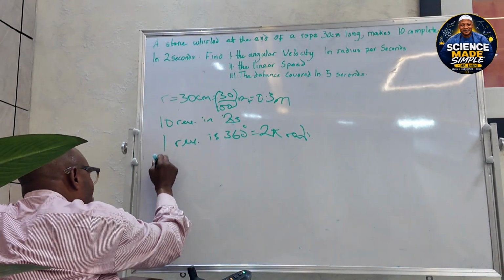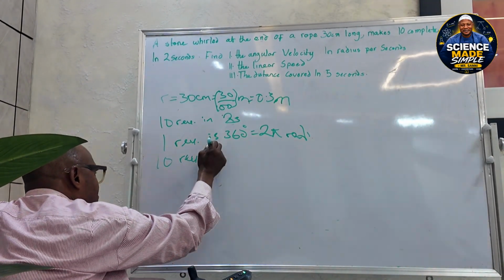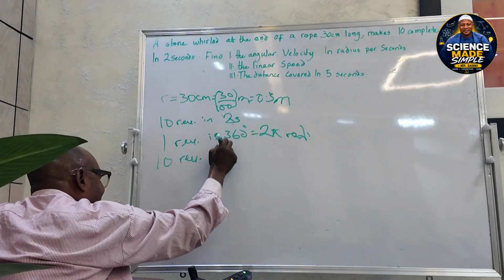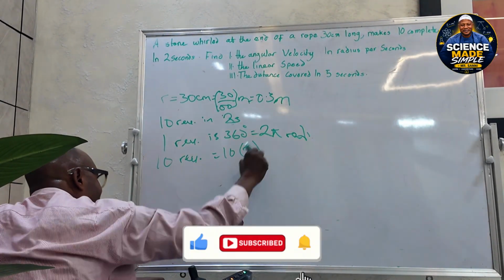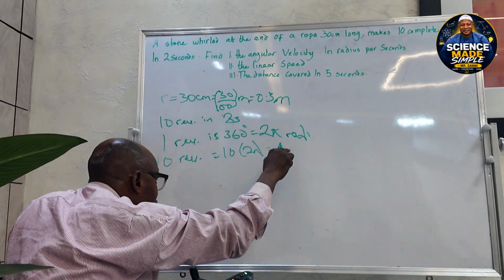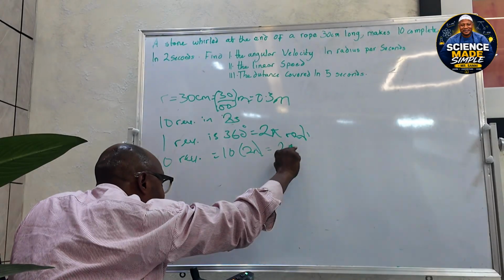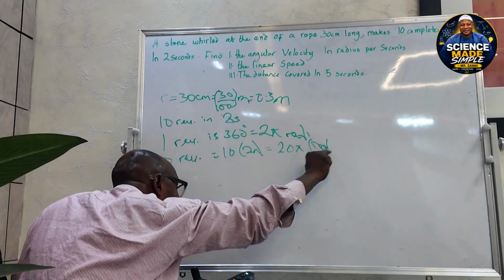For 10 revolutions, it will now be 10 times 2 pi, which is equal to 20 pi in radian.